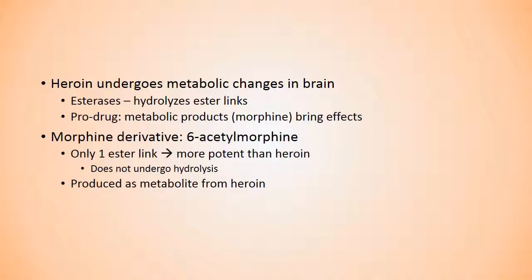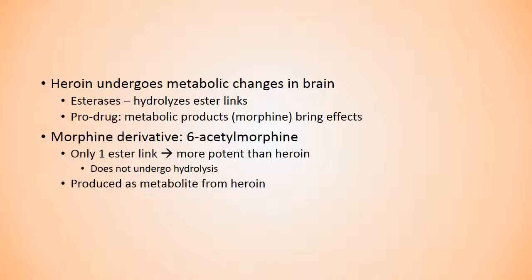So this morphine derivative that we are looking at making is actually called 6-acetylmorphine, because acetylcholine is a neurotransmitter that we do use. It only has one ester link, so it's more potent than heroin. It has the ability to get into the brain, but because it only has one ester link, it does not have to undergo that whole process of hydrolysis once it's in the brain.